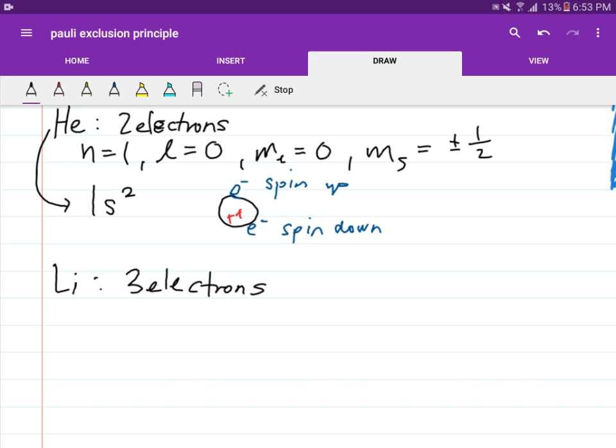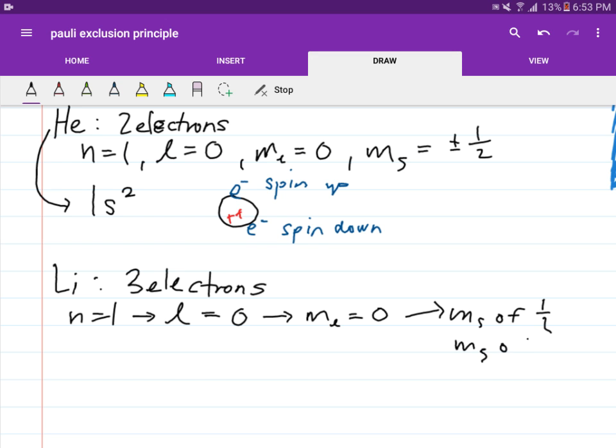If we look at the limits of n equals 1, n equals 1 can only give l equals 0. l equals 0 can only give ml equals 0, and ml equals 0 can only give ms of positive 1/2 and ms of minus 1/2. In other words, only 2 electrons can occupy the n equals 1 state.